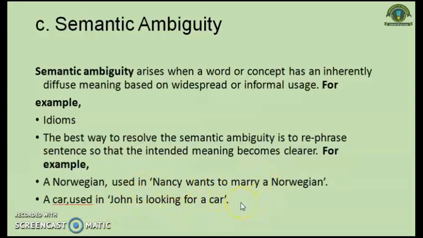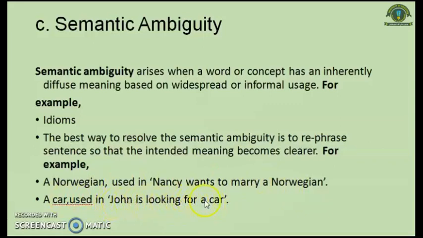If we want to resolve this semantic ambiguity, we will put the word certain after the article a, as in the first sentence. For example, if I say Nancy wants to marry a certain Norwegian, it means that I have made the statement somehow specific.